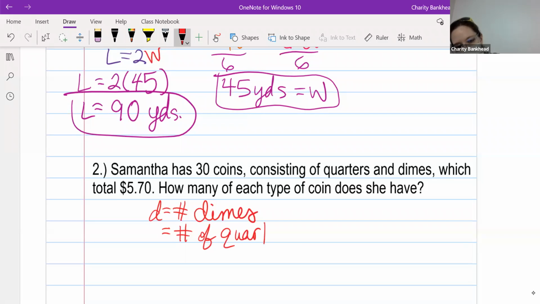So for example, if I told you that she had 10 dimes, how many quarters would she have? Well, she has a total of 30 coins. So if 10 of them are dimes, how many of them are quarters?